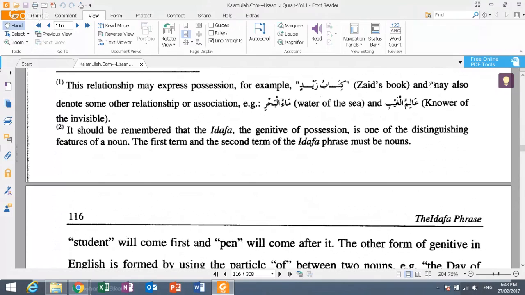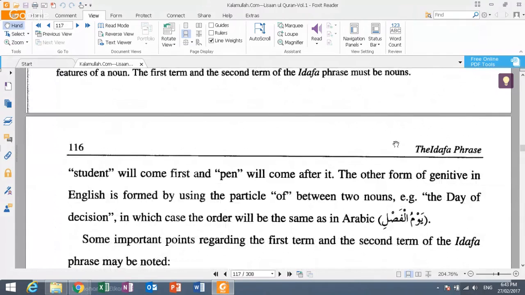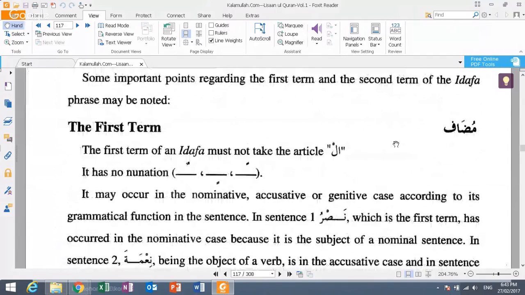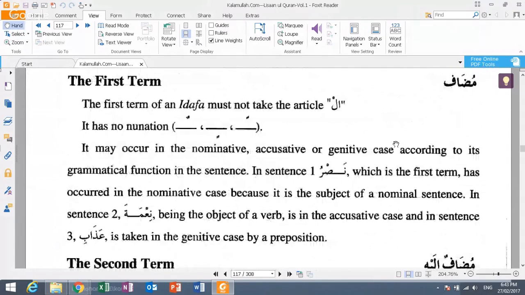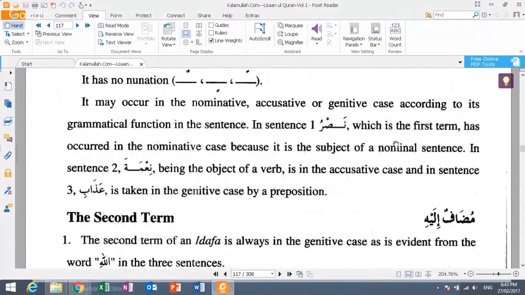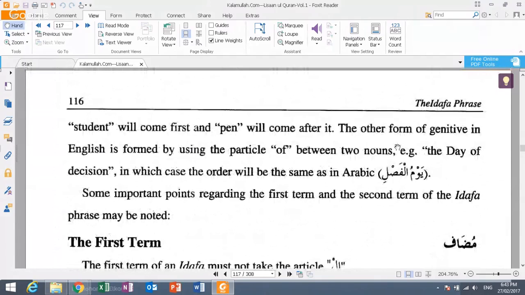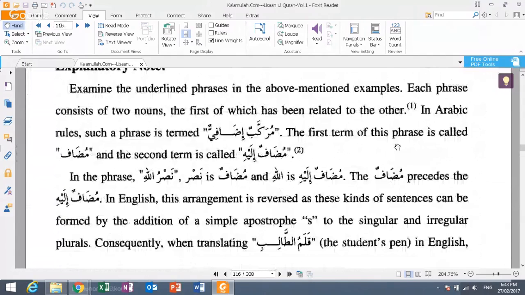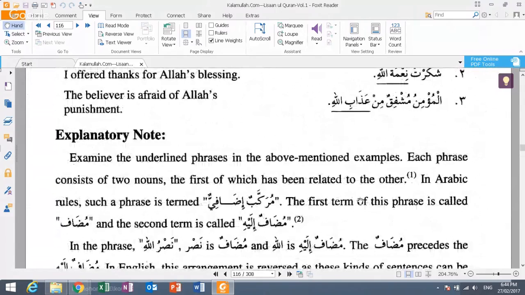Sometimes it comes with the alif lam, sometimes without alif lam. Any questions so far? Okay, now we read this and then inshallah ta'ala we go further. It's all easy? Okay. Now the explanation.